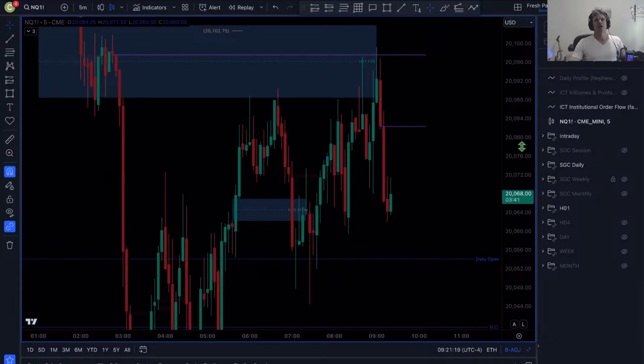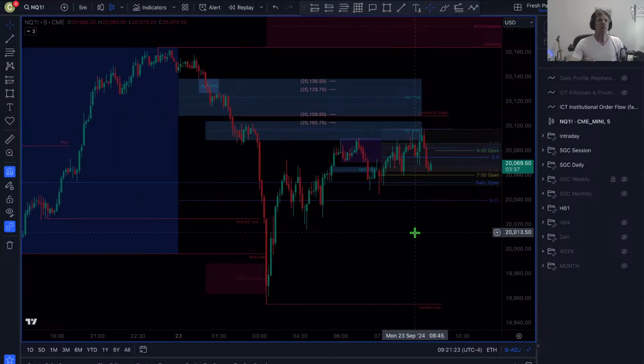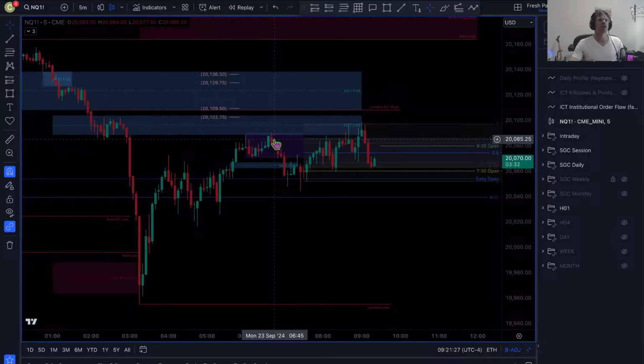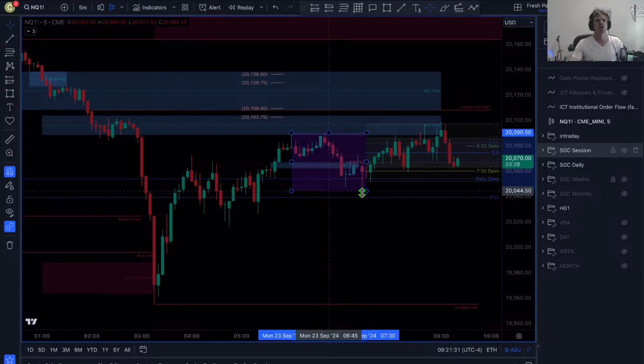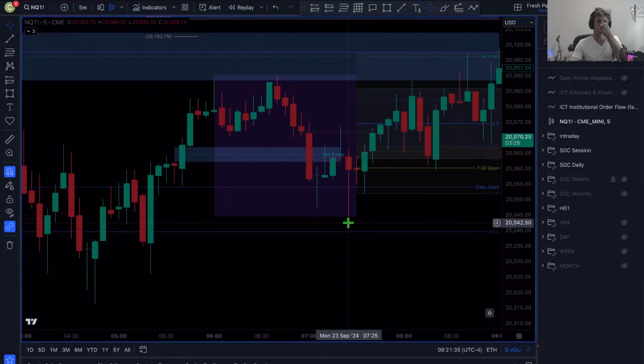So that's on the day, and then on the session. Our session started here. Our session range went all the way down to there, the first quarter range, right? Because it was still before 7:30. Here's your 7:30 open.